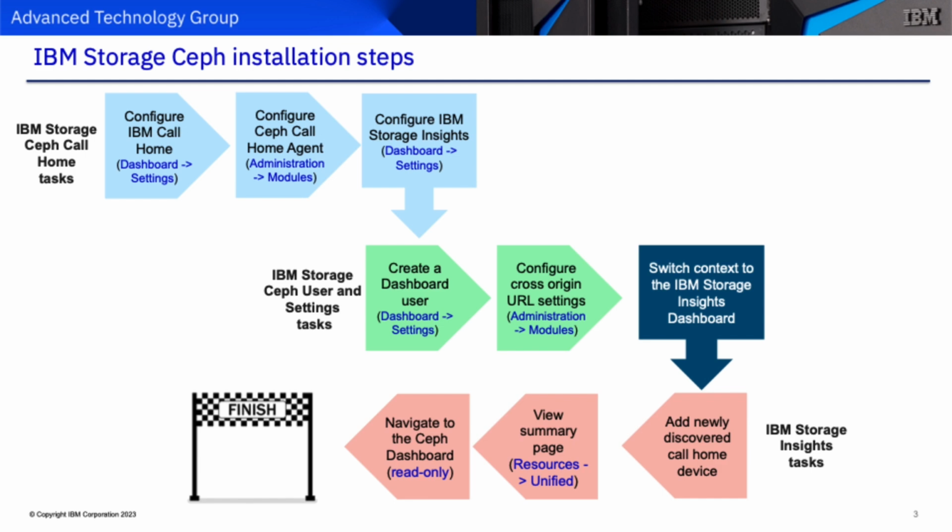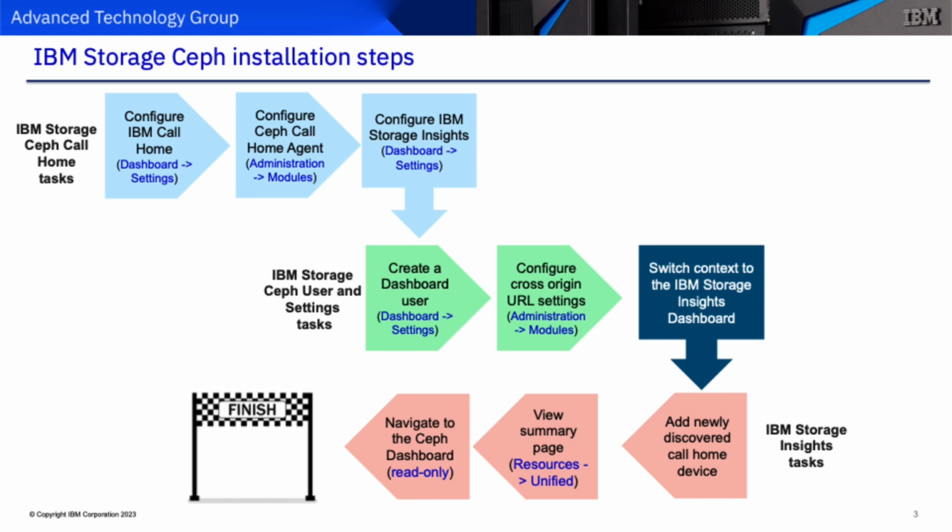Let's do a recap of what we accomplished today. On the top row, IBM Storage Ceph call home tasks, configuring call home, configuring the call home agent, and configuring IBM Storage Insights from the dashboard. In the middle, still in the dashboard, creating that read-only user for Lincoln Launch, and also configuring cross-origin URL settings so that our Lincoln Launch will be successful in a single browser dashboard page.